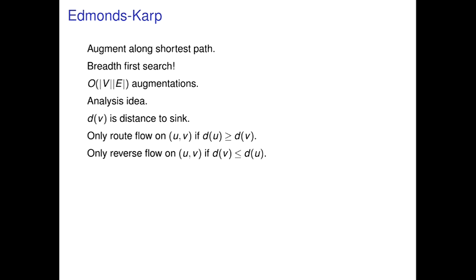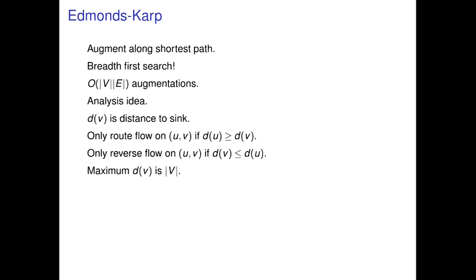So the point is, if you send flow from u to v, v has to be lower than u. Now if you send flow back from v to u on the reverse edge, then u has to be lower than v, in terms of distance to the sink. So somehow when you reorganize the network, now the distance for u is farther than the distance for v to the sink.